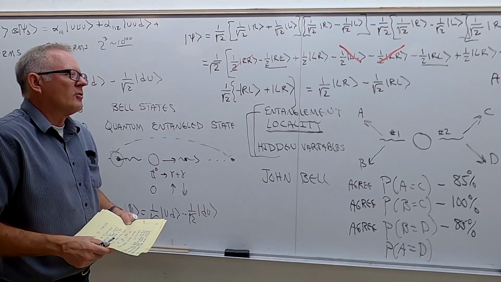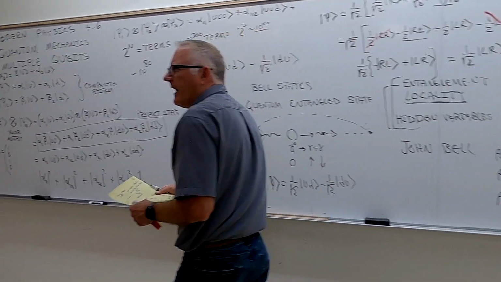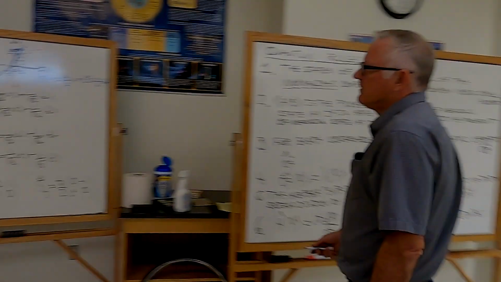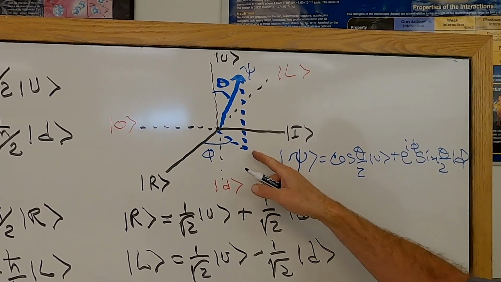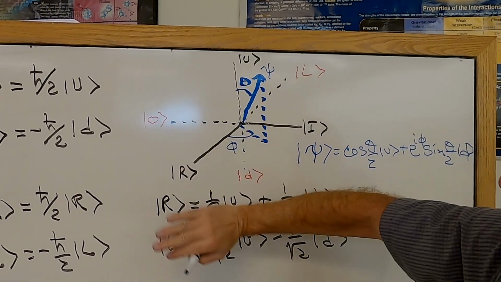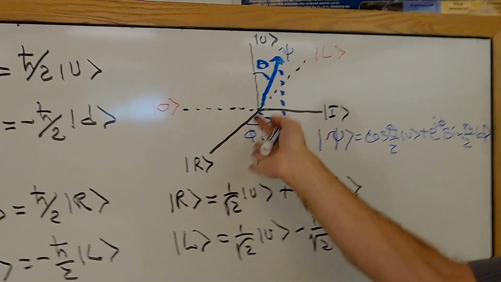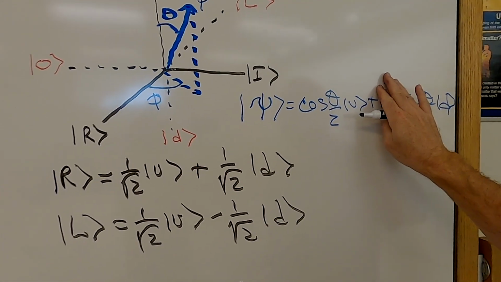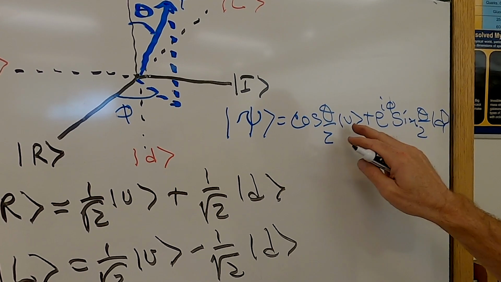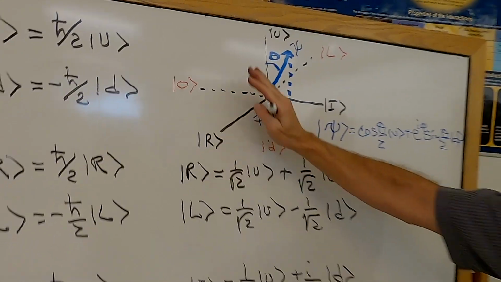Okay, so now let's go to the quantum realm. You remember the quantum realm, we had this block diagram right here. Now, suppose we take out the in and out. Let's just stay on this upright, left, down plane. If you're staying on that plane, then phi is always 0. And so we just have cosine theta over 2 up plus sine theta over 2 down. Let me draw that plane over here.